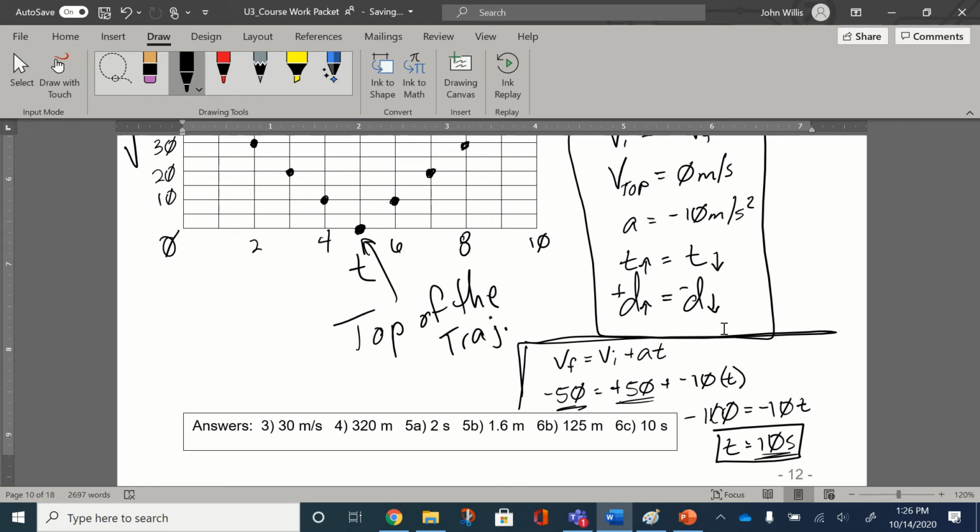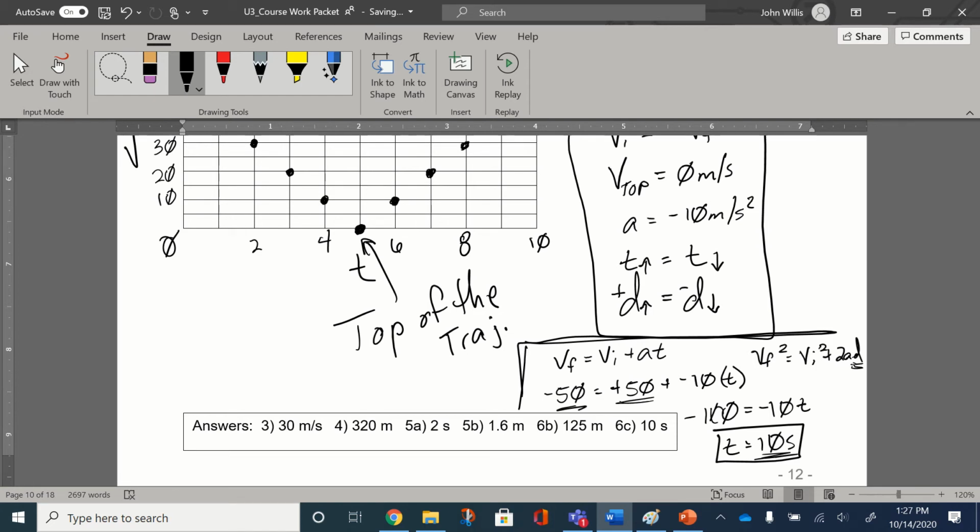You could do the same thing with distance. If I wanted to do VF squared is equal to VI squared plus 2AD, this would solve for the entire distance that this ball traveled, 125 up, 125 back down. When you solve for distance here, using negative 50 and positive 50 for your final and initial velocities, respectively, you'll get a distance of 250.